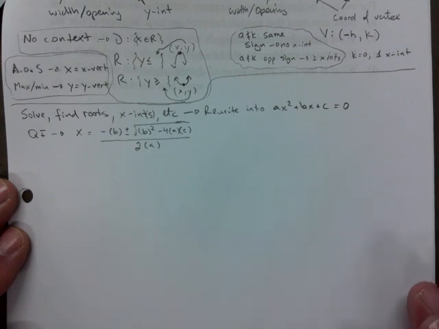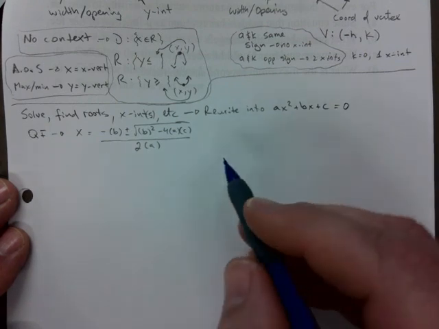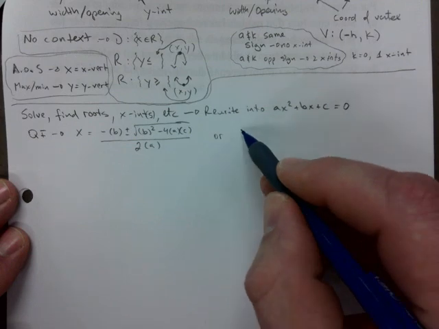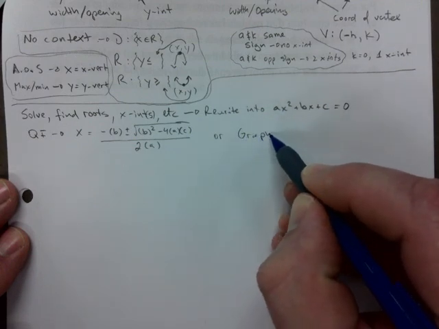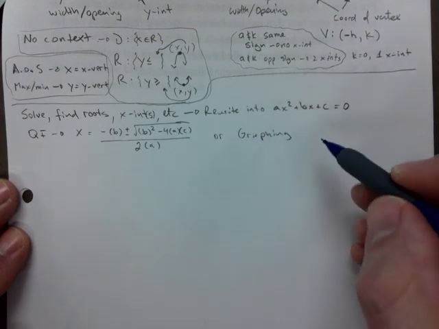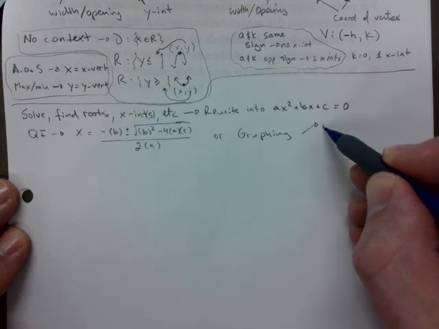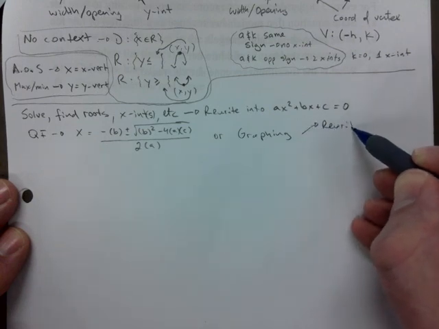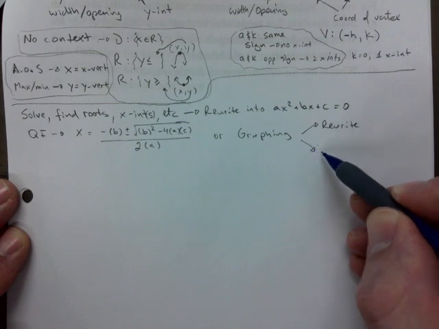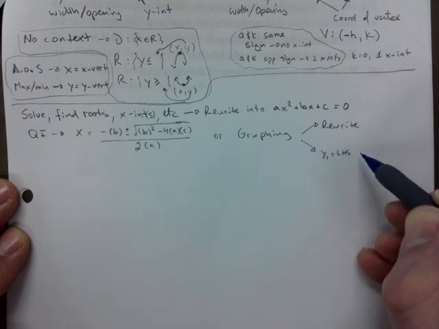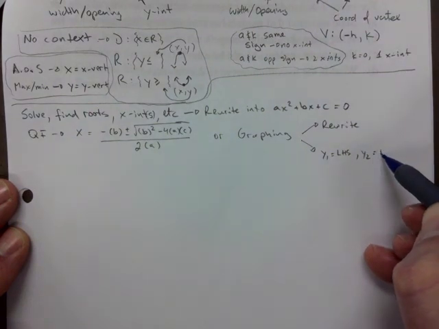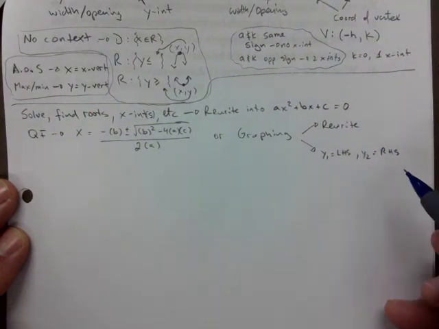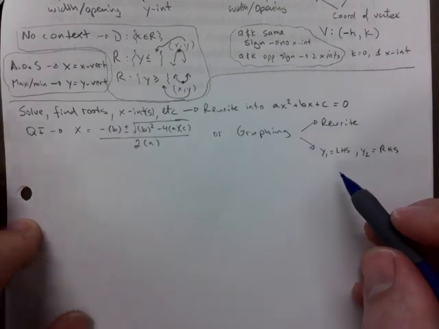Right. You need to do that and then use quadratic formula or graphing method. So one involves rewriting. The other one, you go y1 is the left-hand side, y2 is the right-hand side. And then you find the intersections.